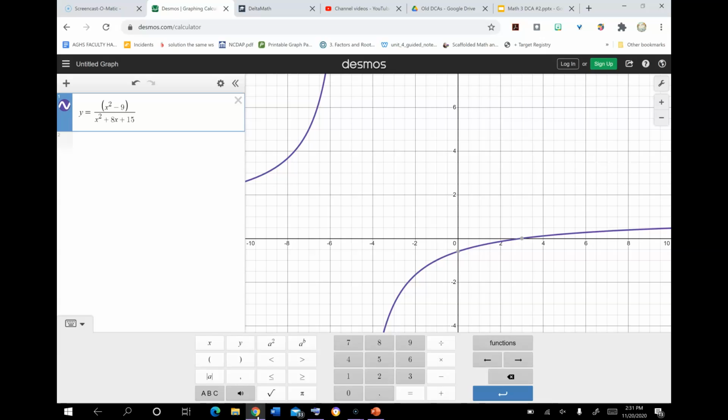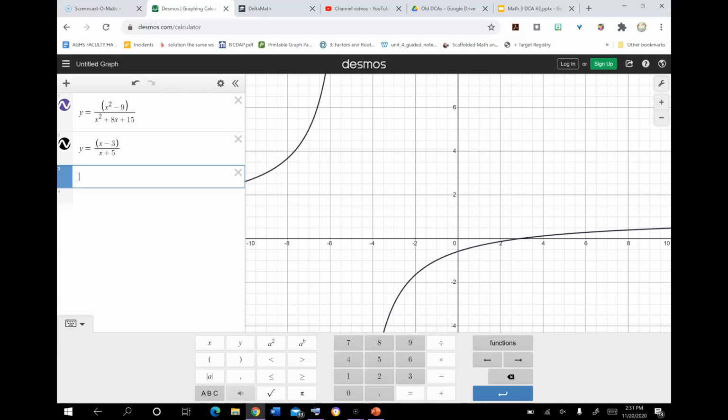Then on line 2, all you're going to do is go through your answer options of A, B, C, and D, and whichever one gives you the same graph is it. So answer choice A was y equals x minus 3 divided by x plus 5. You get the right answer if you only see one graph. How many graphs do you see? I see one graph, so your answer option is A.